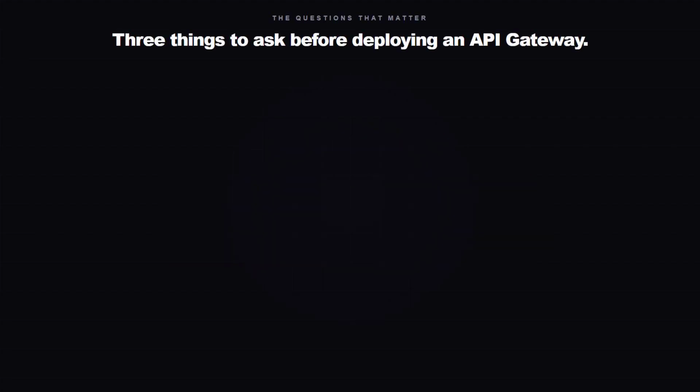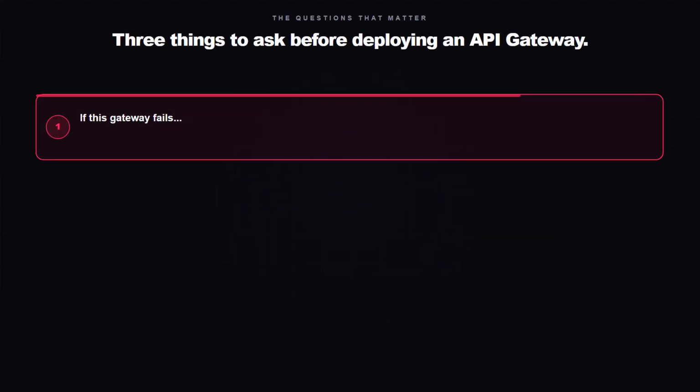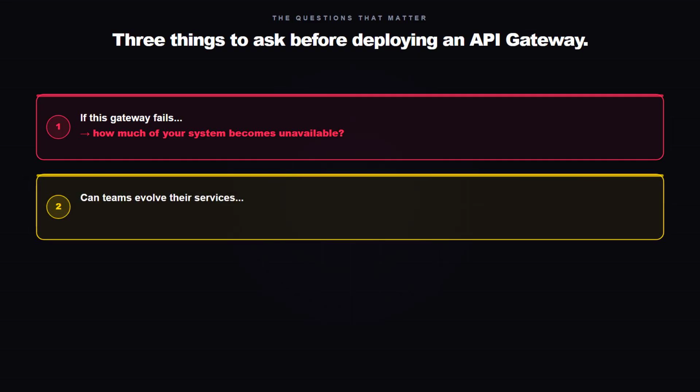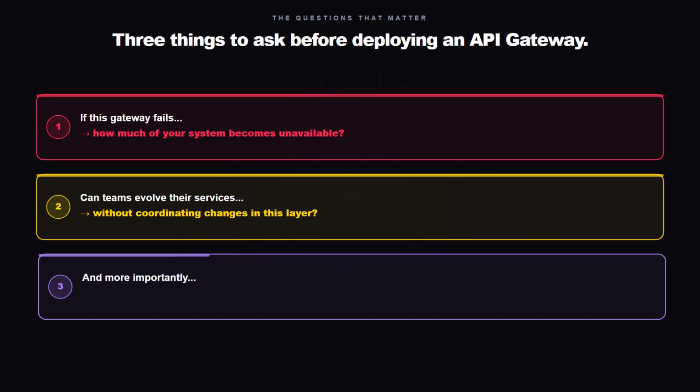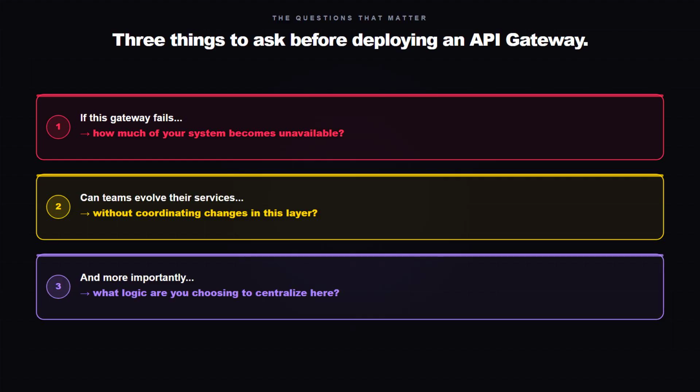So here are the questions that matter. If this gateway fails, how much of your system becomes unavailable? Can teams evolve their services without coordinating changes in this layer? And more importantly, what logic are you choosing to centralize here? Because not everything belongs in a gateway.